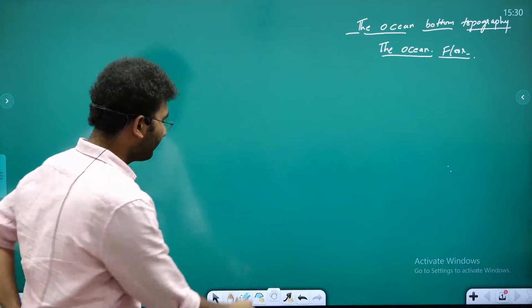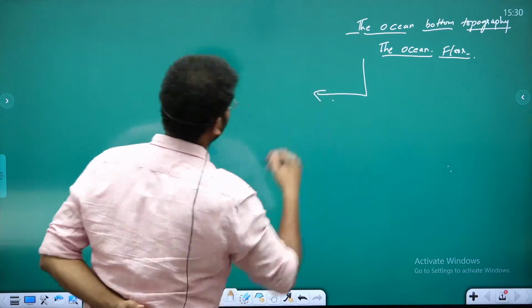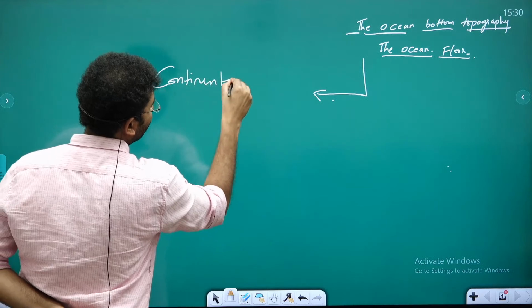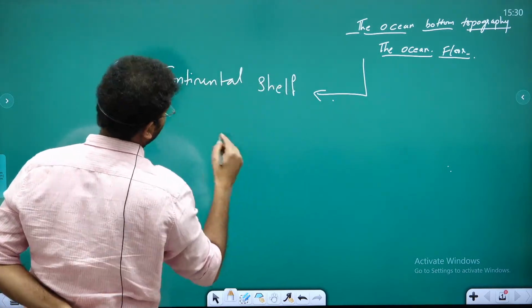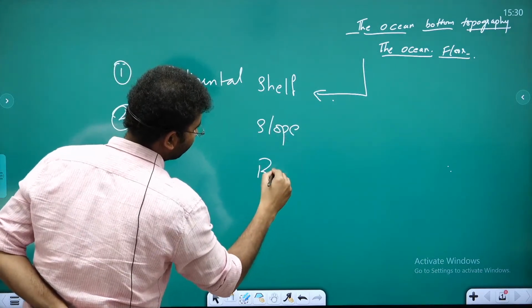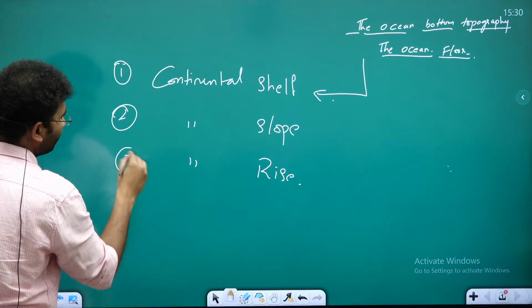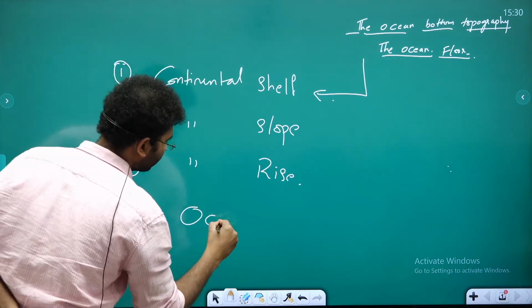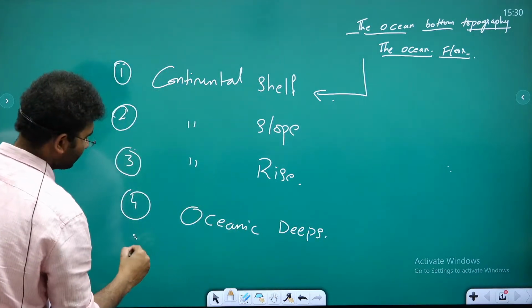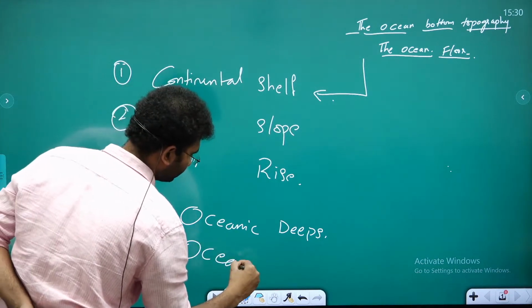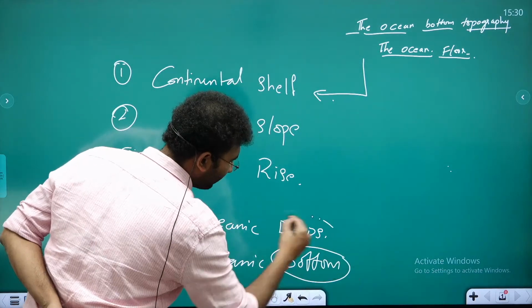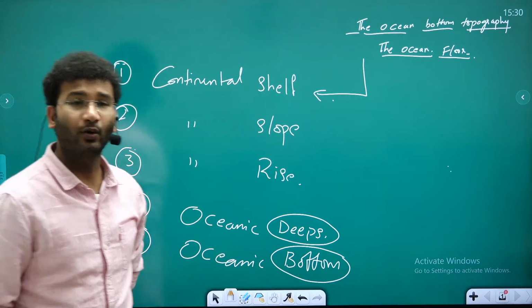Firstly, this can be broadly divided into, it can be studied under the continental shelf, the continental slope, the continental rise, the oceanic deeps, and then you also have the ocean floor or the ocean bottom. So there is a fundamental difference between the ocean bottom floor and the ocean deeps.